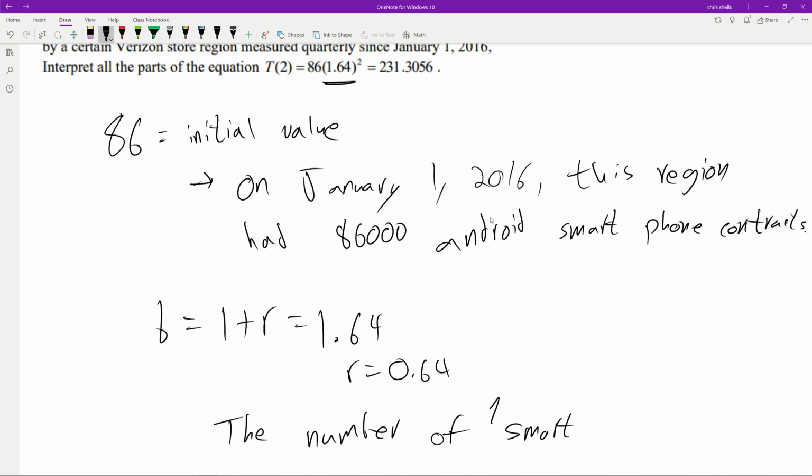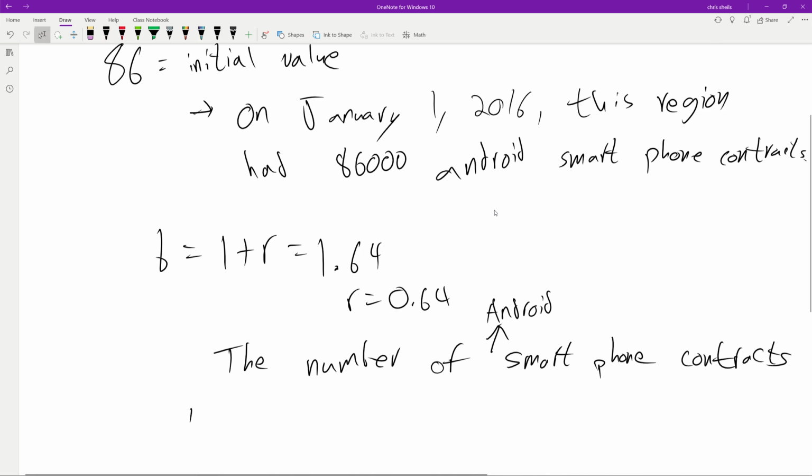The number of Android smartphone contracts, right? Increases by 64% quarterly.